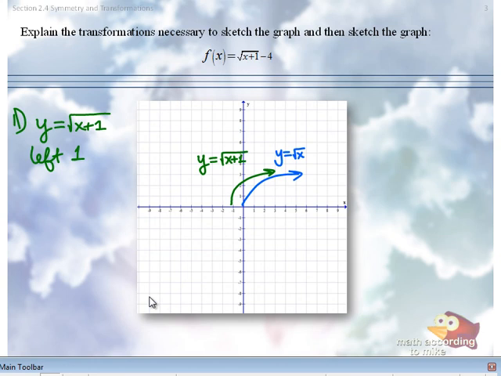And now the minus 4 is doing what to what? Is subtracting from the function. So that's our k. So if k is negative 4, what does that say to do to the graph? K says move down 4.